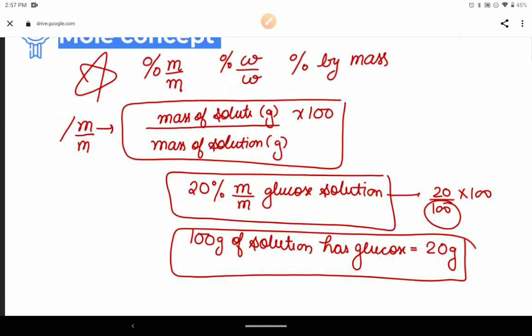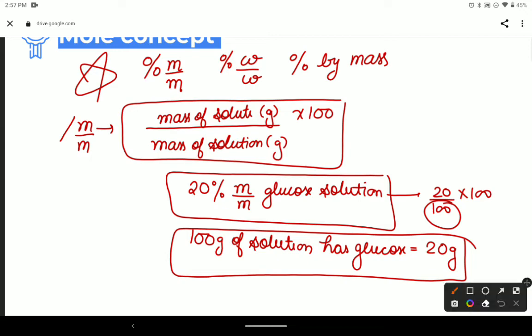This is the most important thing you need for JEE Mains, especially. See, percent m by m, percent w by w, percent weight by weight, percentage by mass. These all explain the same thing. Listen carefully. Let's say 20% m by m glucose solution was taken in this experiment.